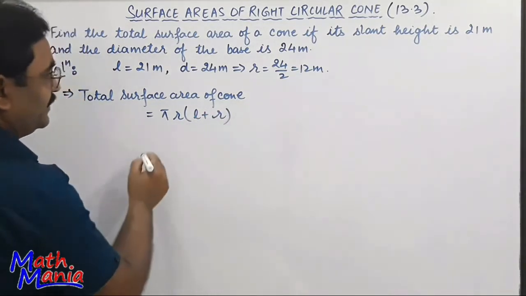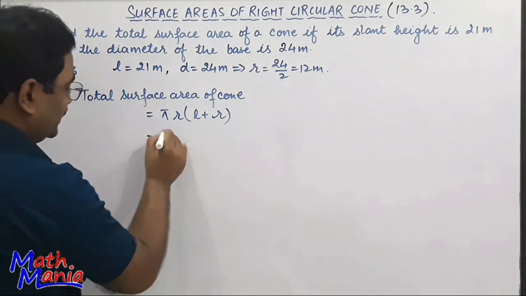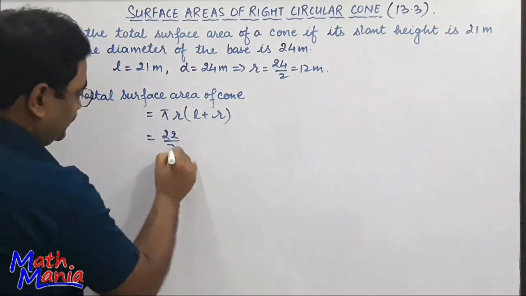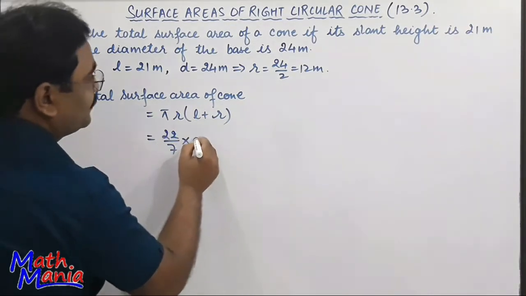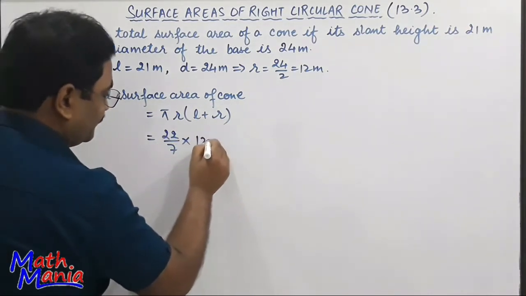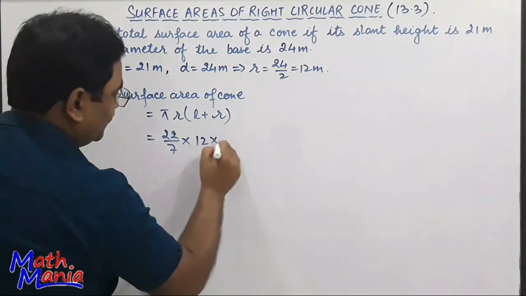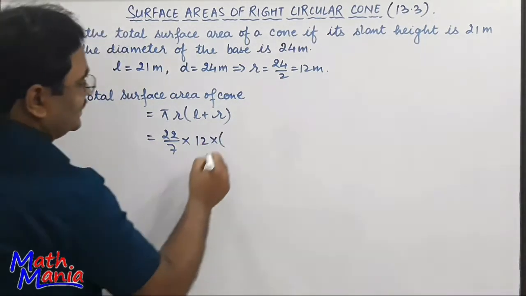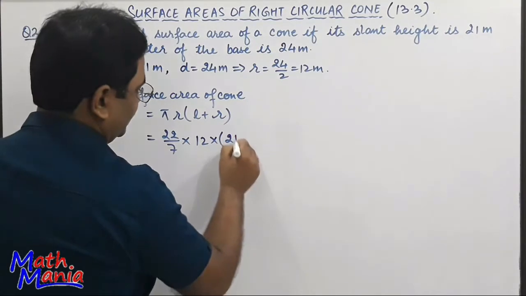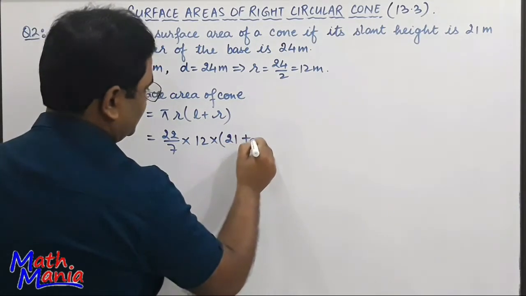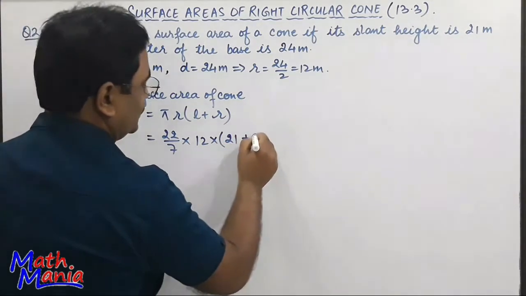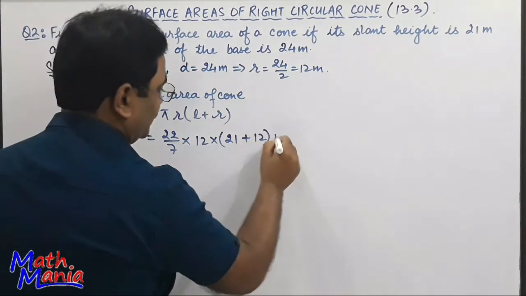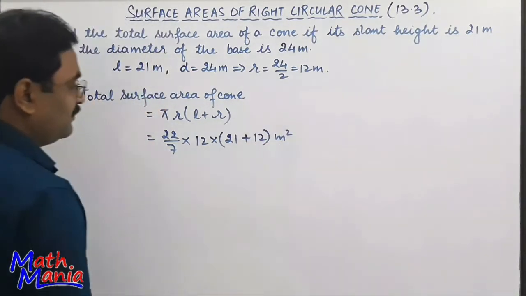Now substitute the values. Pi is 22 upon 7, radius is 12 meter multiplied by slant height 21 plus radius 12 meter square. So let's simplify it.